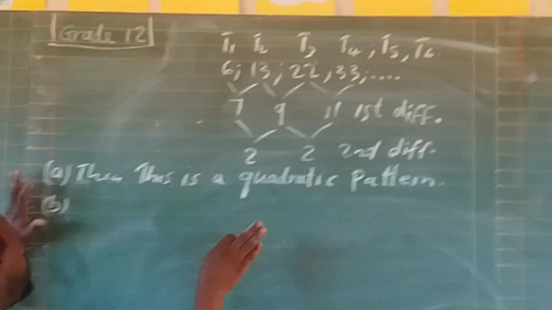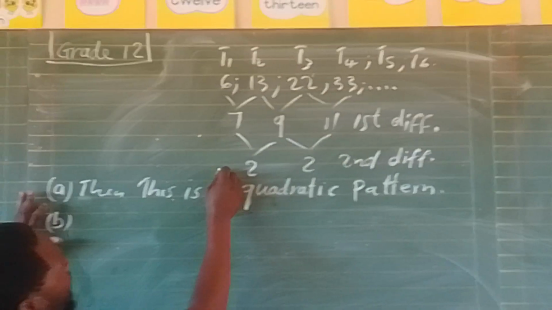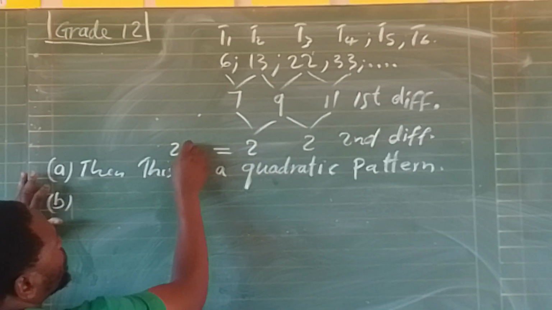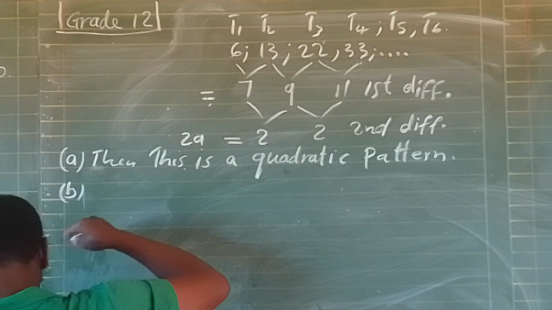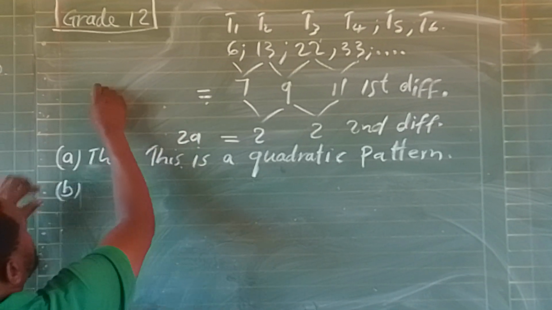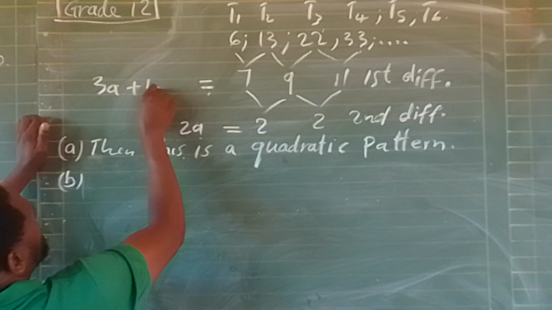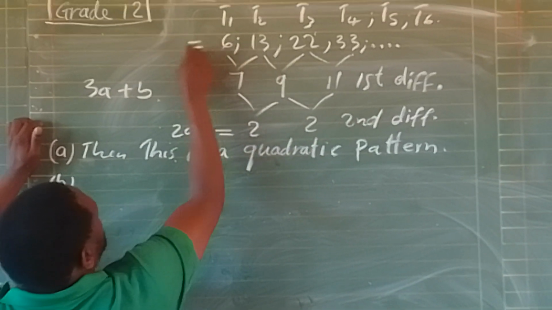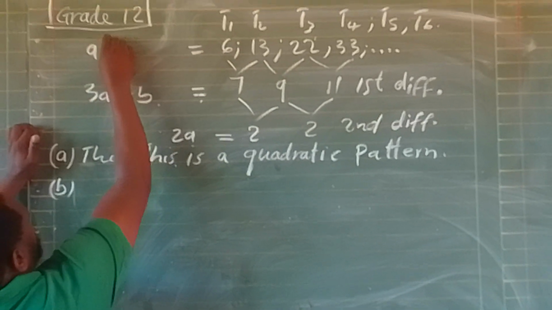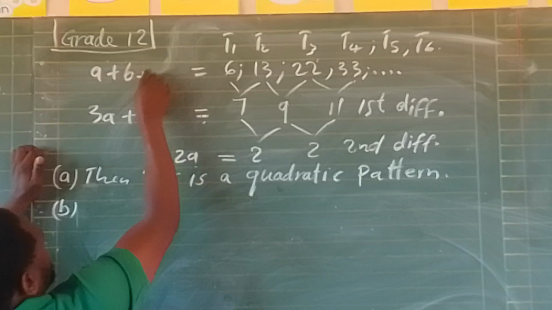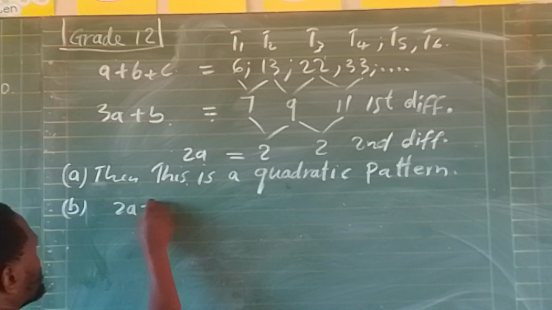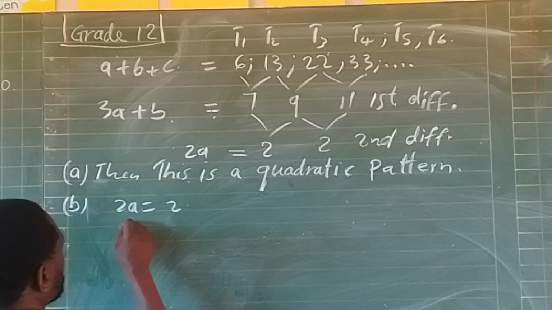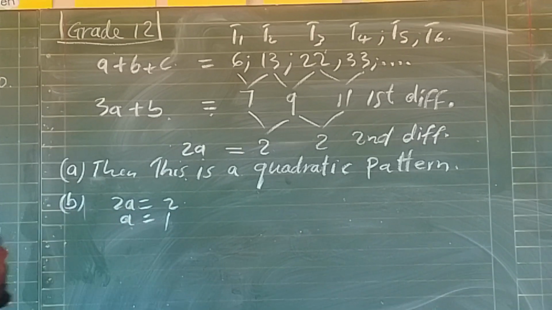Right? Before we can do everything, we are going to equate this number to be equals to 2a. Then we are going to equate this number to be equals to 3a plus b. Then we equate this number to be equals to a plus b plus c. Now we start here. 2a is equals to 2, therefore a is equals to 1.